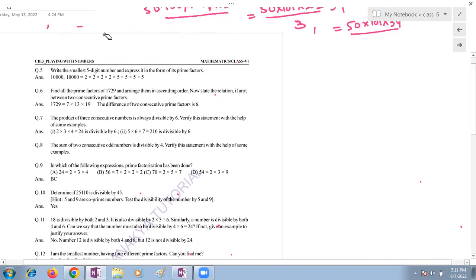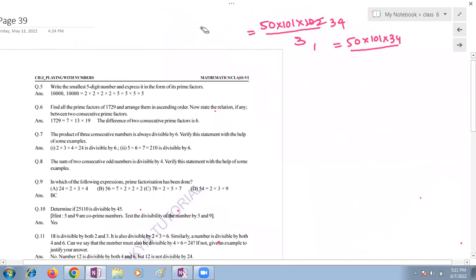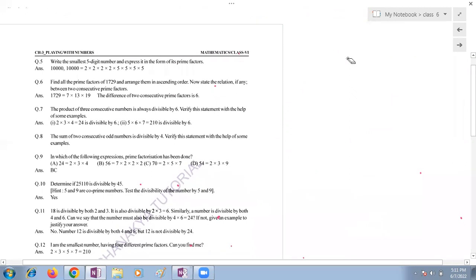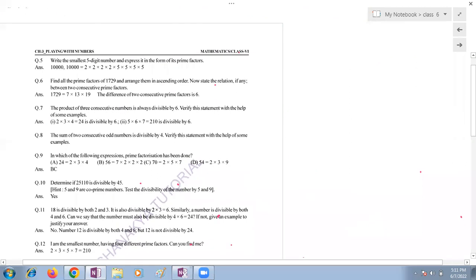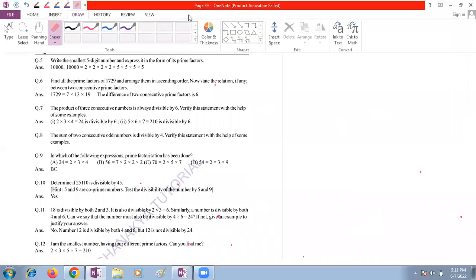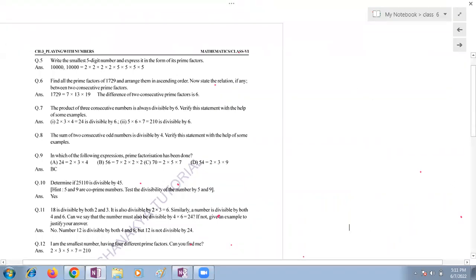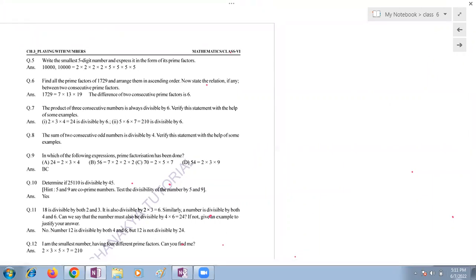Because 3 and 4 are co-prime numbers and consecutive numbers too. The HCF of both numbers, the highest common factor, is only 1, so the product is also divisible. Very good. If any number is divisible by 4 and 3, both rules are satisfied, and then we can say the given number is also divisible by 12.